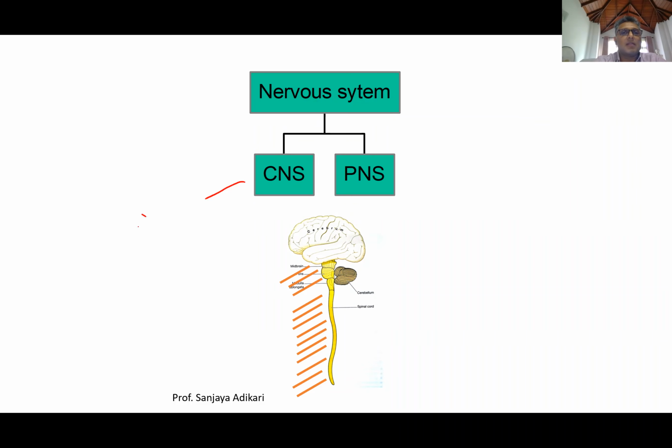And the peripheral nervous system also will have somatic and autonomic nerves. Okay, so you can't have only one classification and finish off. You will have several classifications, and depending on the need, you will change it and use it.